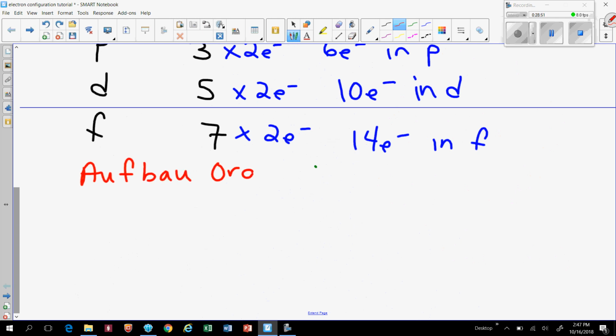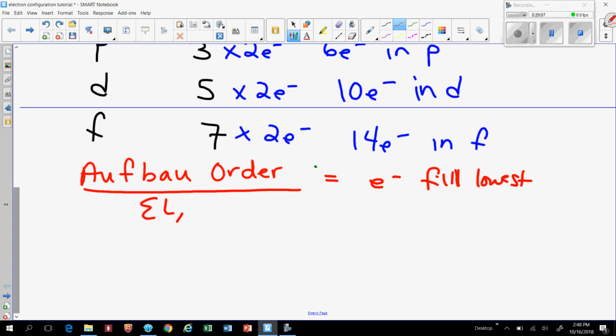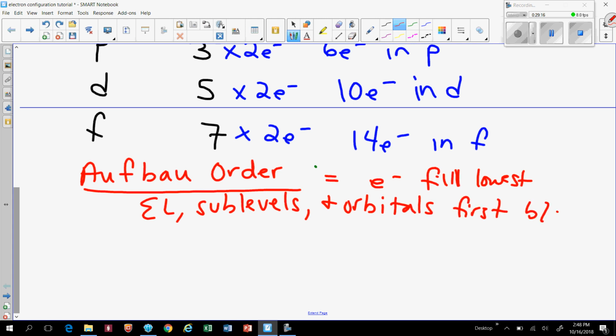Aufbau order. So when we're crossing out those elements on the periodic table to do the electron configuration, you're finding the electron's address, essentially. You're doing Aufbau order. You're talking about how electrons have to fill the lowest energy levels, sublevels, and orbitals first, because they're the closest to the nucleus. And the reason they want to fill the ones that are closest to the nucleus first is because those are the most stable.